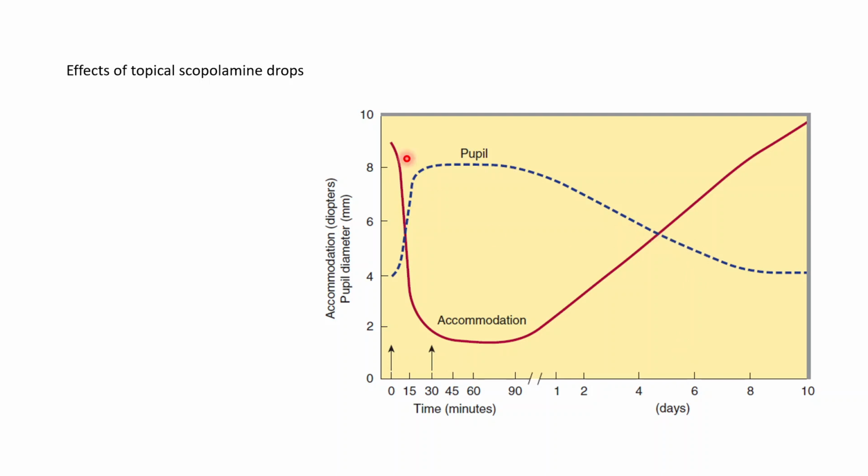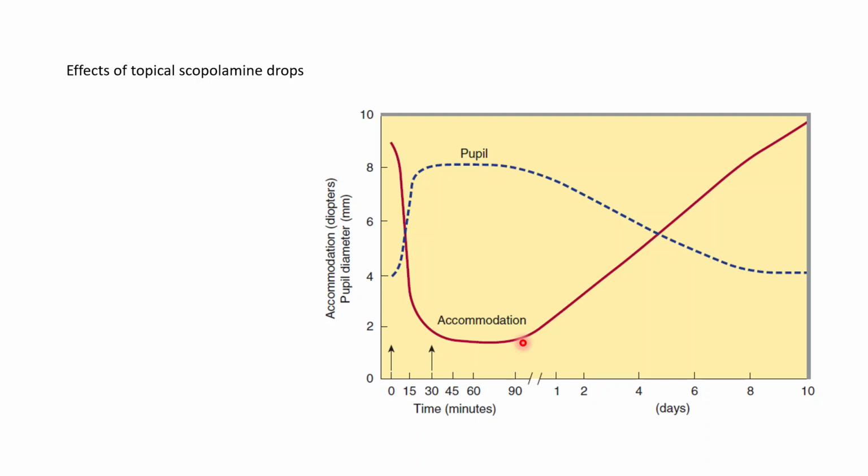Accommodation actually lasts about the same time but a little bit longer. And that is why beautiful women during the Renaissance were continuously blind.